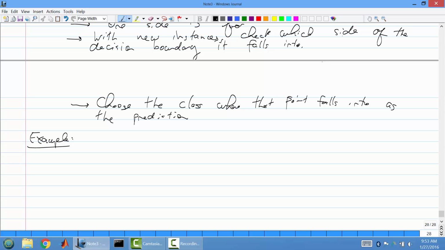So, example. Suppose we had 2D data, and we found the parameters for perceptron 1.